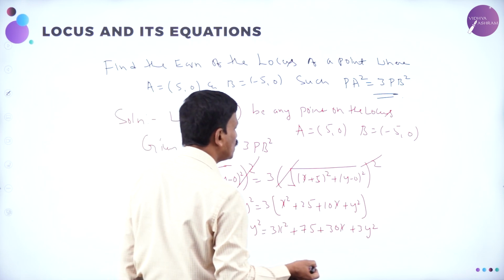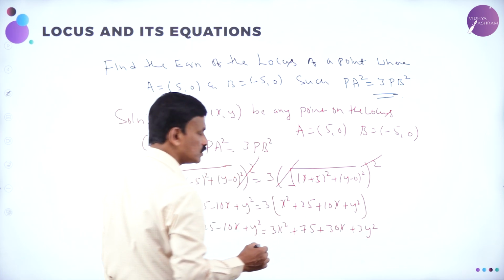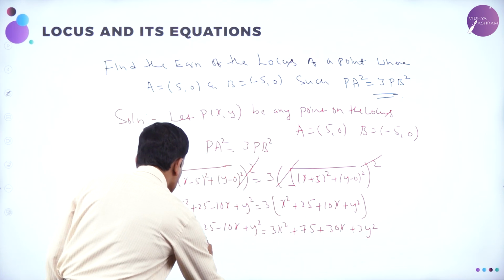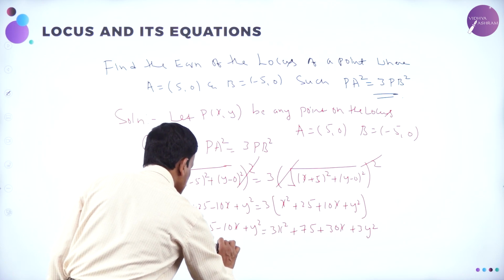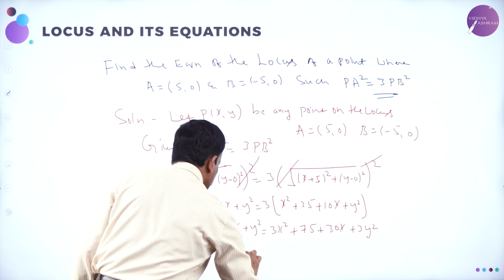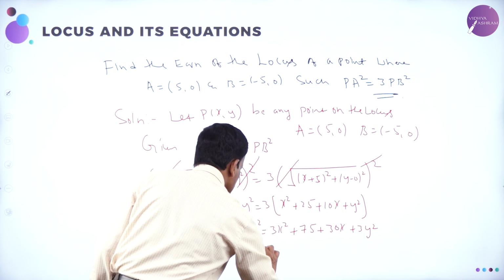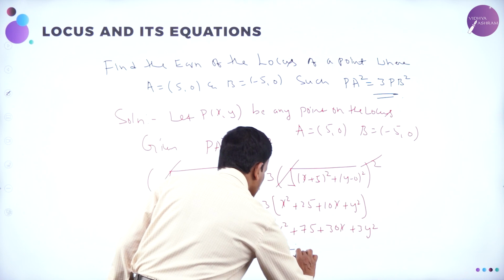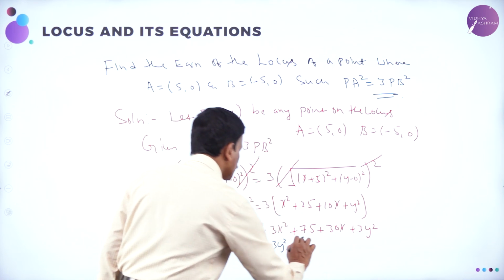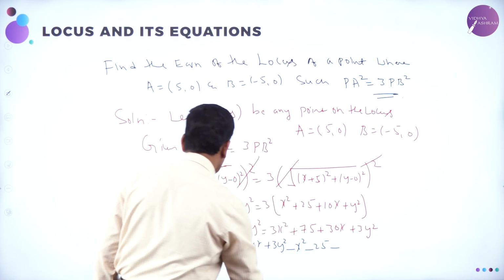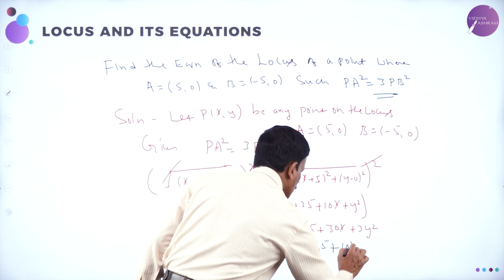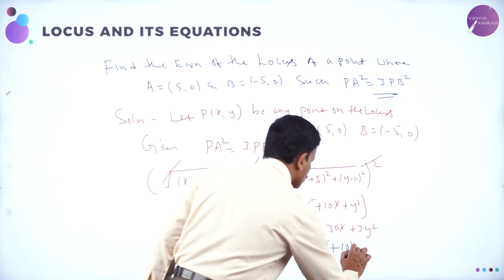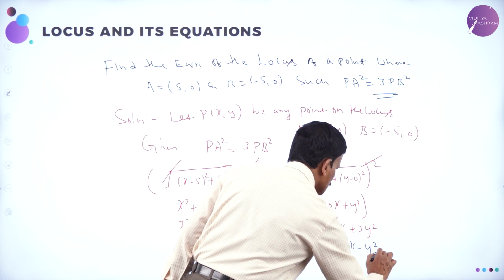So transferring: 3x² + 75 + 30x + 3y² − x² − 25 + 10x − y² = 0.